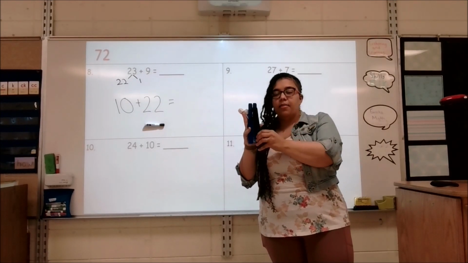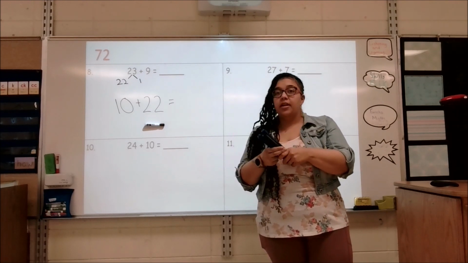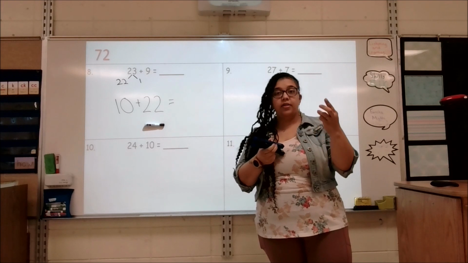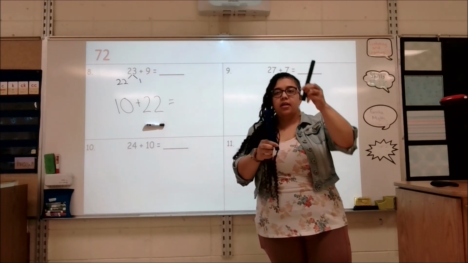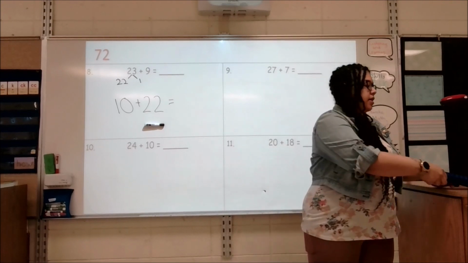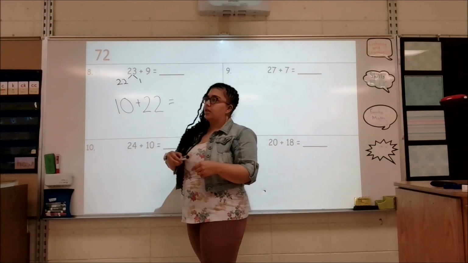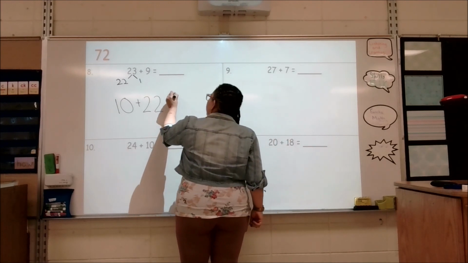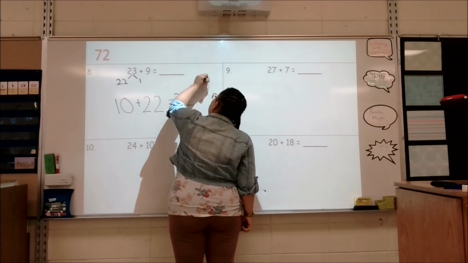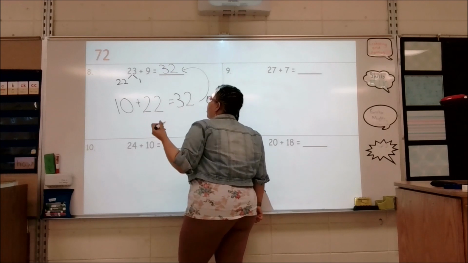Make an increase by a group of 10, instead of counting all kinds of 9, 23, 24, 25, 26, no. Make it so all you have to do is add an additional group of 10. So now, 10 plus 22 is equal to 32, which tells us that 23 plus 9 is equal to 32.